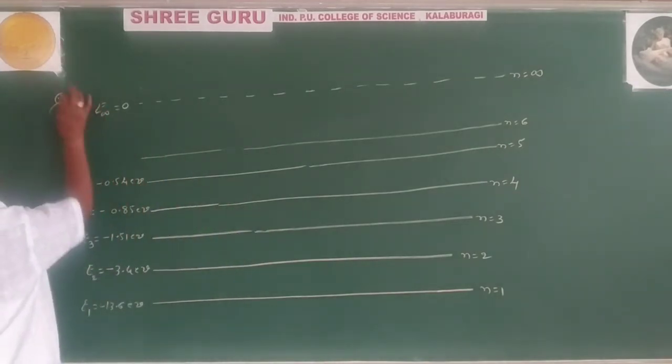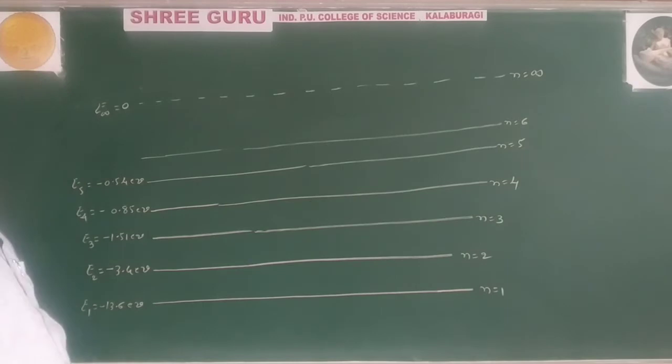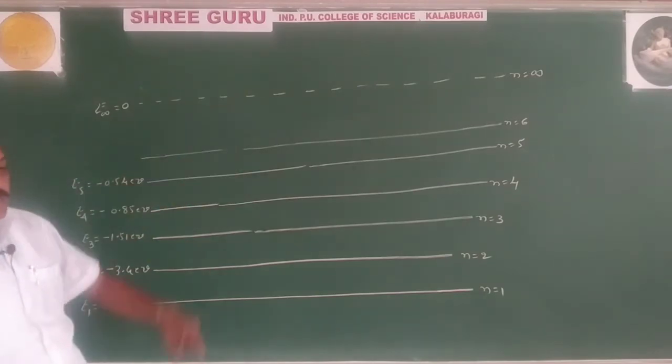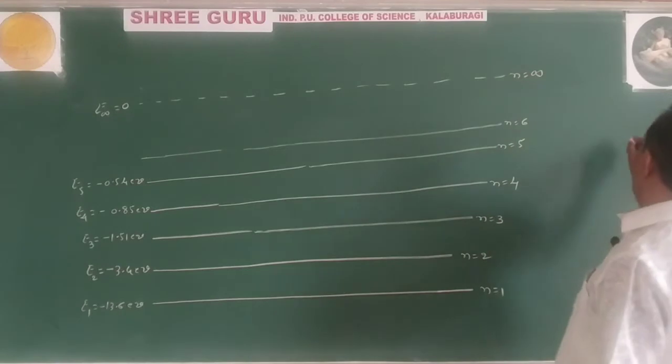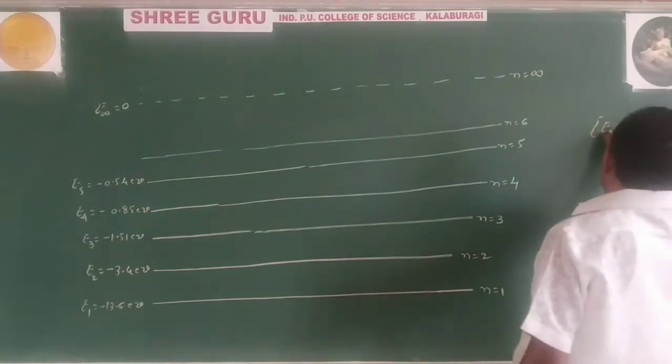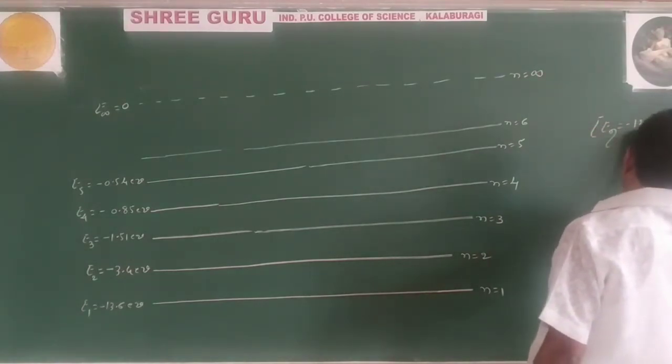Energy at infinity is equal to 0. Take minimum 5, one extra is fine; the more levels you take, the more complication for you to draw the energy level diagram. So what is the hint? En equals to minus 13.6 divided by n square electron volt.